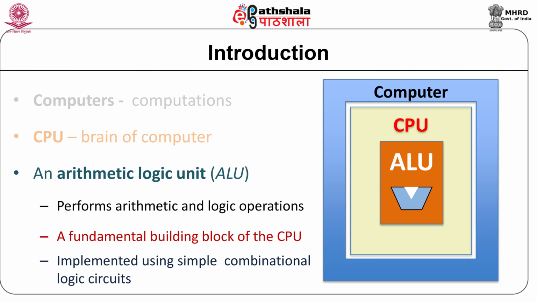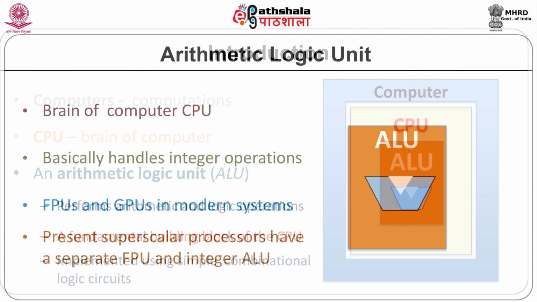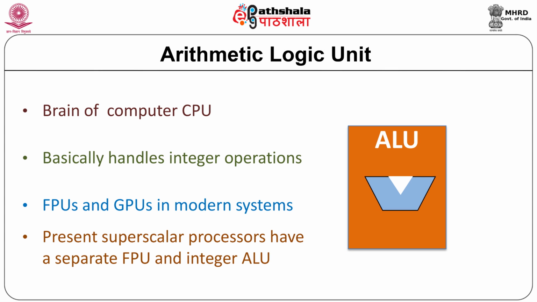ALU can be implemented using simple logic circuits, which may include logic gates, adders, shifters, multiplexers, etc. The arithmetic and logic unit is designed to be the brain of the computer for performing arithmetic and logic functions. Basically, ALU handles the integer operations like addition and subtraction.